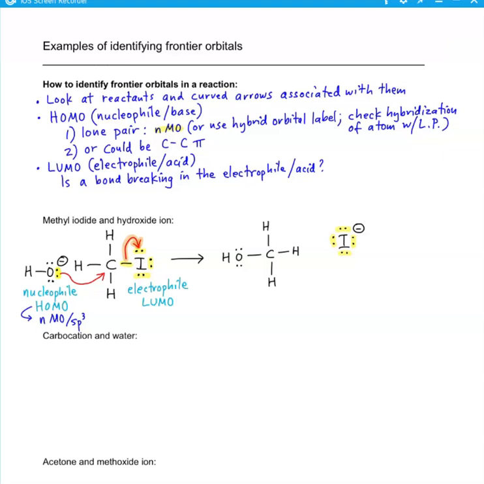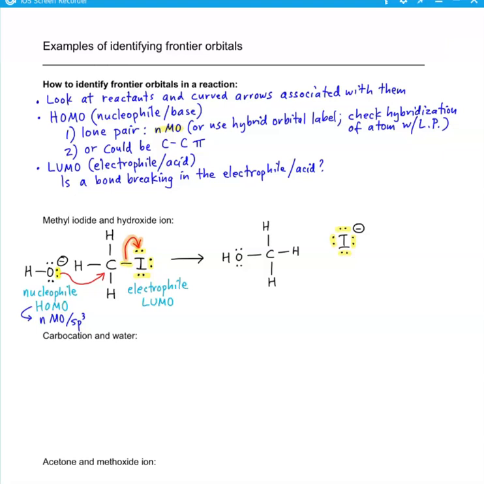If that bond is breaking, then what we need to do is think back to what we saw in the very first segment on molecular orbitals, where I told you that if we populate an antibonding orbital, the consequence of that is to break the corresponding bond.